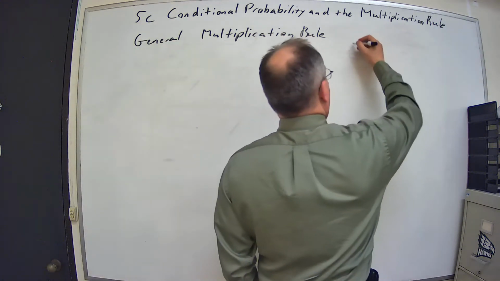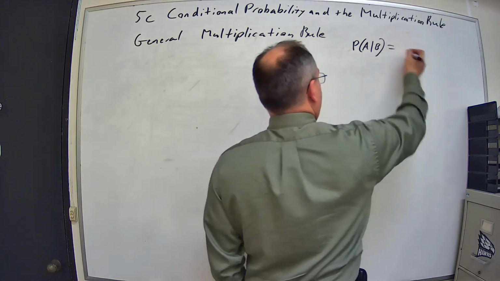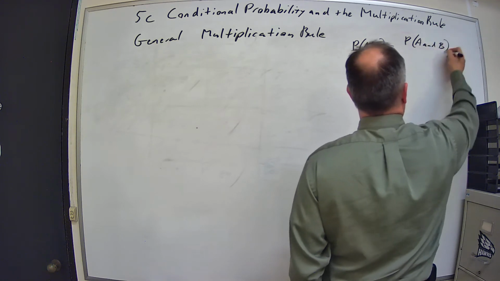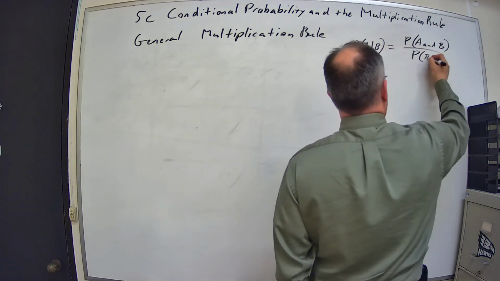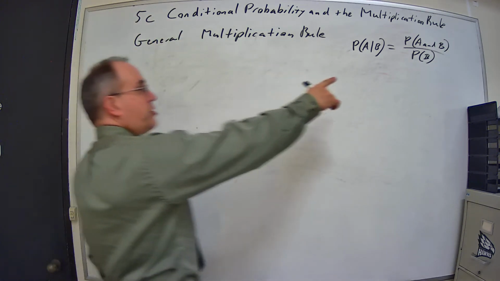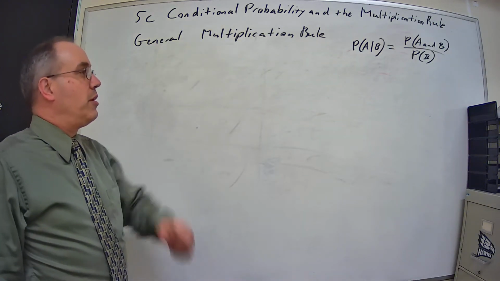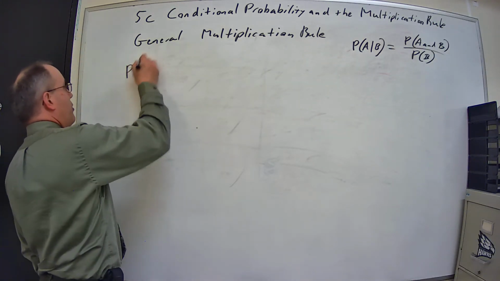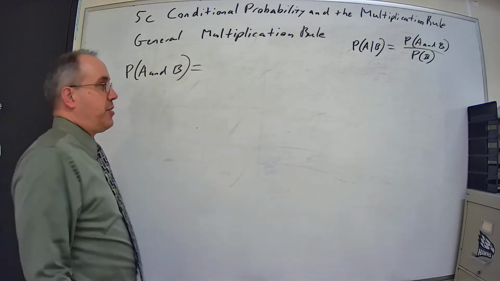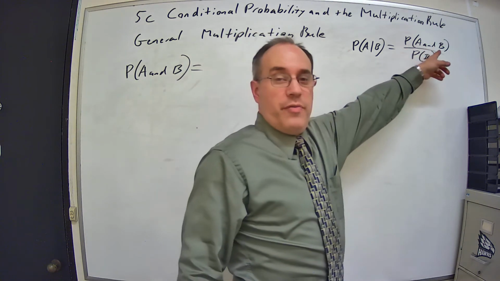Remember, conditional probability was the probability that A occurs given that B has occurred is equal to the probability that A and B occurs over the probability that B occurs. That was conditional probability. The general multiplication rule tells us that the probability that both A and B occurs is equal to, well, solve this for probability of A and B.